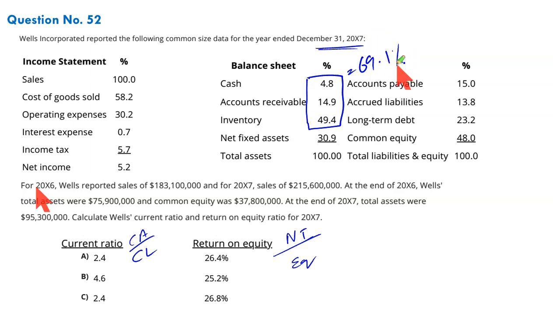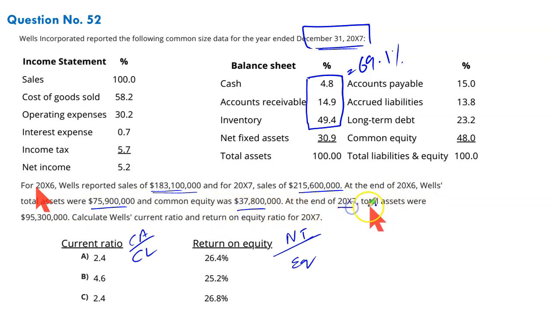So your cash, accounts receivable, and stock are 69.1% of what? Of your total assets. What are the total assets? December 31st, 2007. Sales in 2007 was 183 million. This is for 2006, and this is for 2007. At the end of 2006, Wells' total assets were this much. Equity was this much.